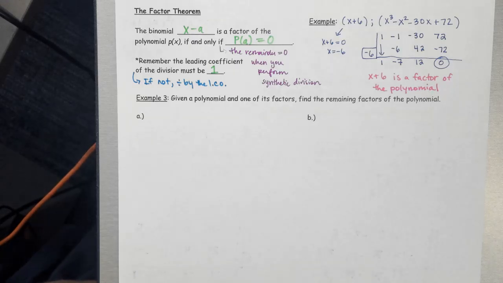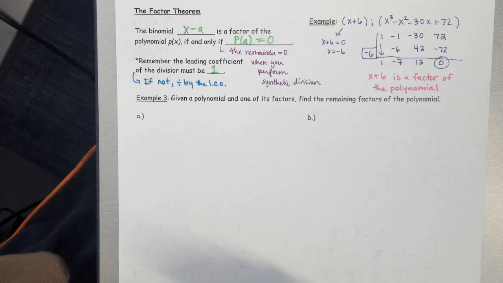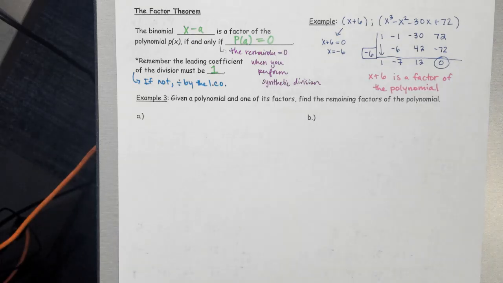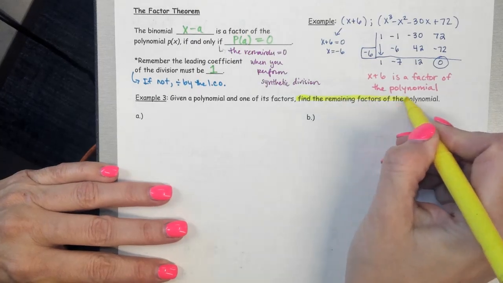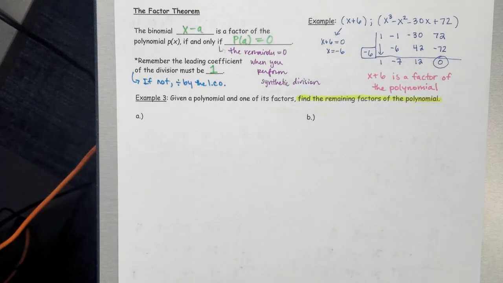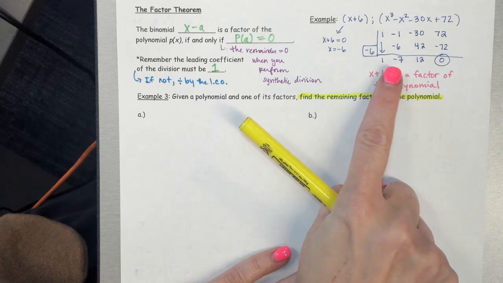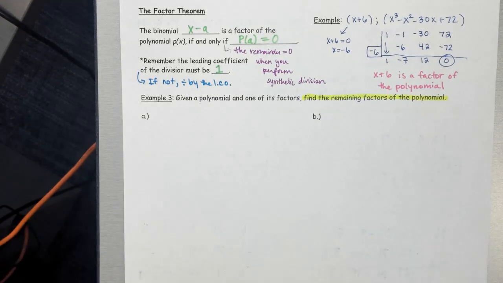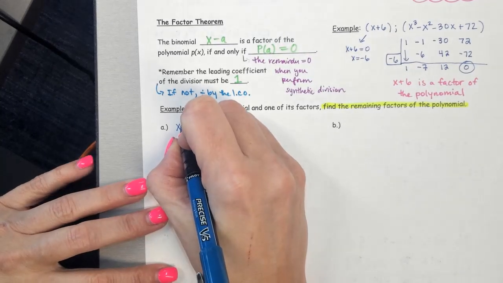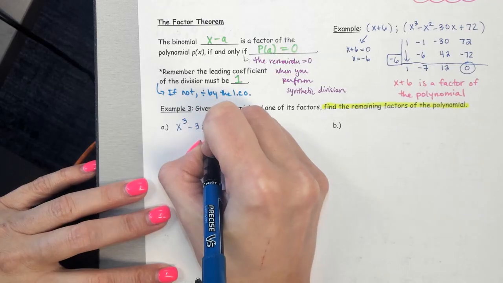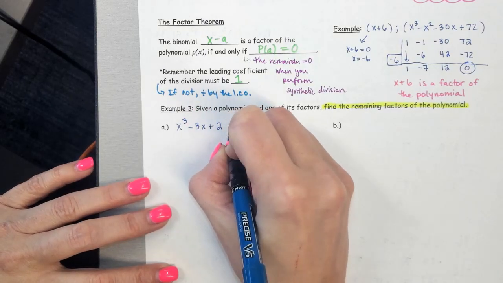For our next example, you are given a polynomial and one of its factors. You have to find the remaining factors of the polynomial. So we're going to start off with this, but we're going to have to go another step further.